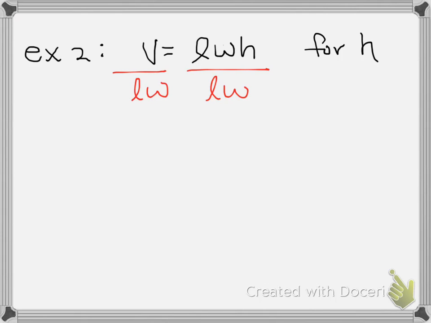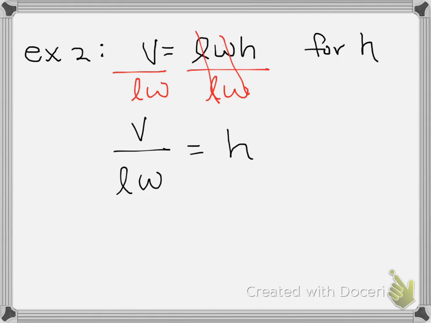Notice I'm doing two things at one time. I'm dividing by both letters that are being multiplied by h. The W's cancel out, the L's cancel out. So the only thing I have left is the volume. The volume is over the length and the width multiplied together.